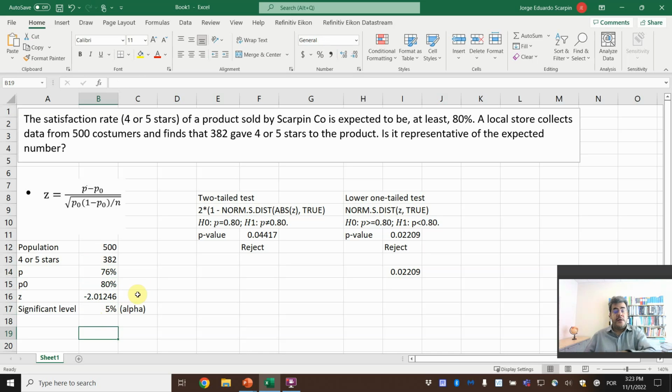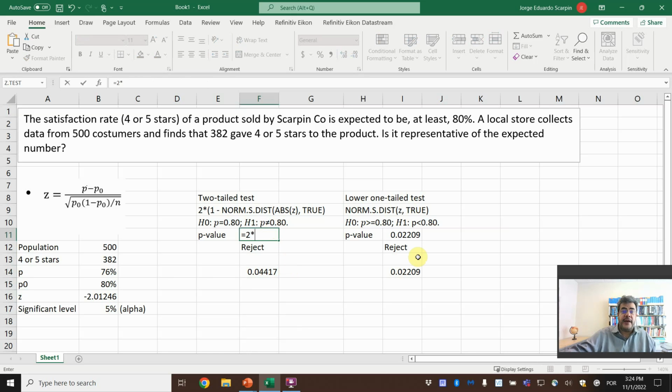So first of all, the two-tailed test. I want to know if our proportion here is equal to the expected number. So it is a two-tailed test. I reject it if it is lower or greater than our 80%. So okay, the null hypothesis is equal, the alternative is different. And then the p-value. So let's work on this p-value and let's double check if it will match.